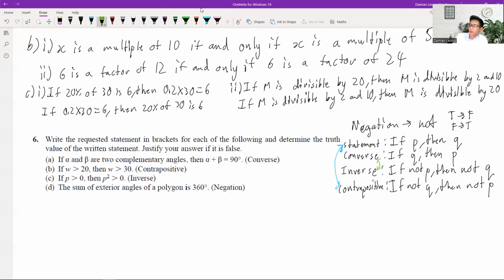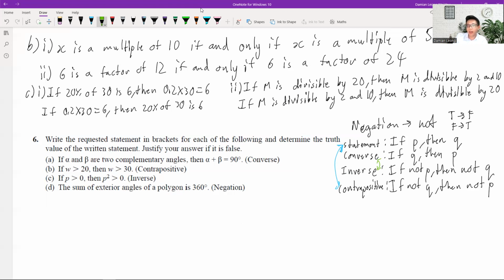But if I consider, say, the contrapositive, I can see from the original statement or from the contrapositive statement. Either way works. Now, let's look back here. Write the requested statement and then determine truth value.